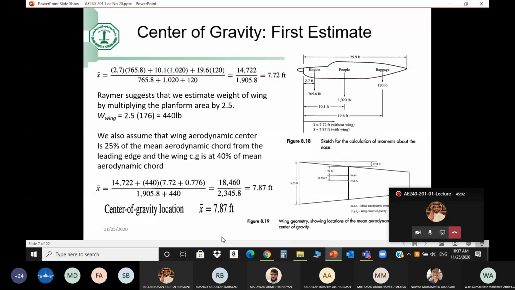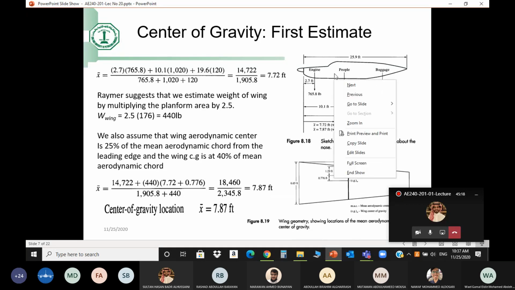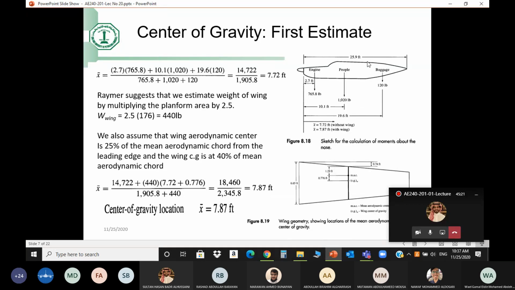After I look at all these values, we determine what is the shortest one, what is the forwardmost one, and what is the longest one. That means what's the aft. That means the CG will change between this point and this point. No matter what we do, how you load the aircraft, the CG will be between this value here and this value here. If the aircraft is stable at these 2 values, it's stable everywhere else in the middle. Does that make sense?